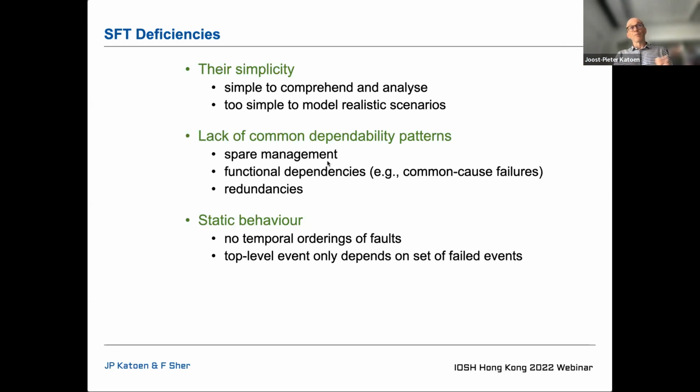The main limitation perhaps is that the behavior is fully static, which means that the failures or faults are not temporally ordered. That means that it suffices, as you have seen, to only know the set of events that has failed so far to know whether the whole system has failed. So the ordering of those failed events is not of any relevance.